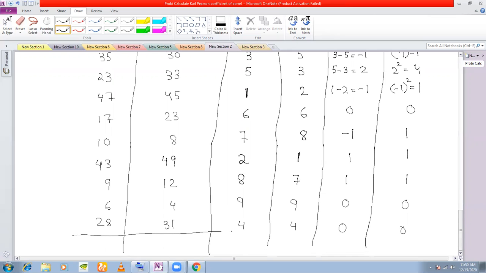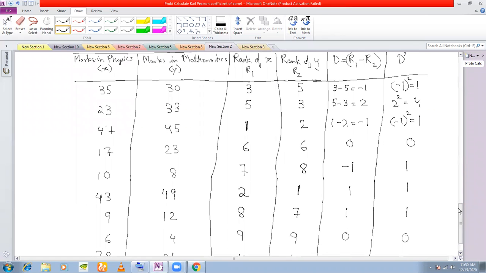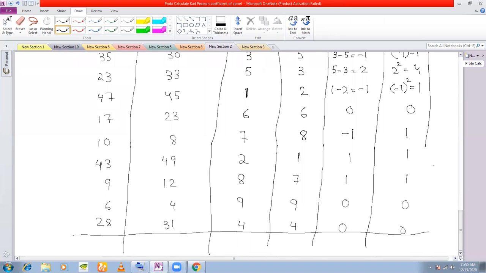So now what you do is, you add up the column for D square.